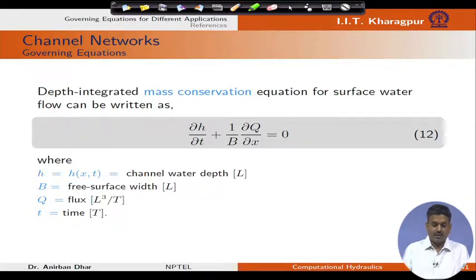That means it is one dimensional, and both space and time are considered.